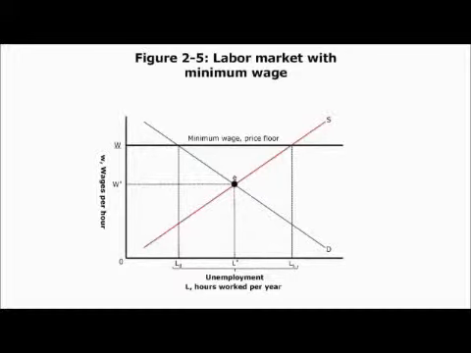They're going to say, look, we don't want more than L sub D, so that's how many jobs they're going to provide. And so the new outcome is going to be at a wage W lower bar and an amount of hours L sub D. Okay? So basically, you end up with this unemployment situation where only L sub D workers are hired and the wage is W lower bar.